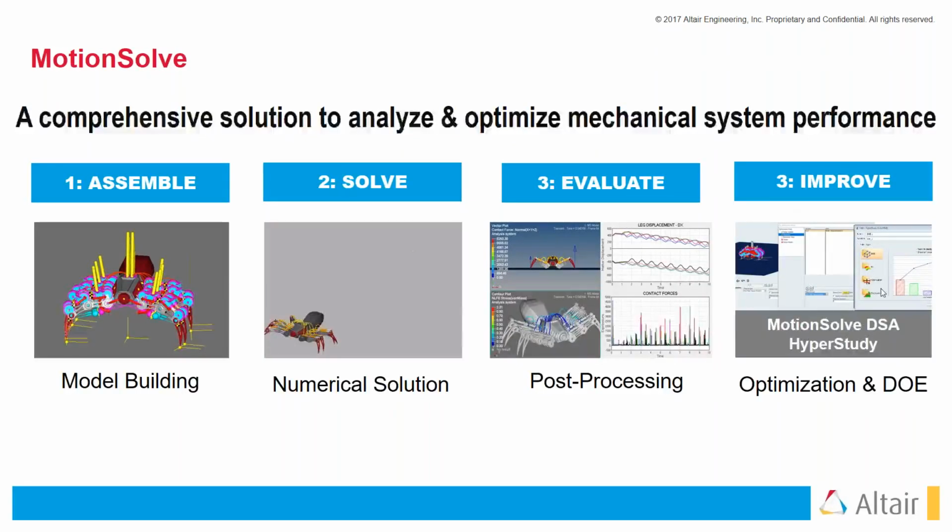And if we need to optimize the results further, we can go to the next level and improve the results using HyperStudy, which is for optimization. We will also have MotionSolve DSA optimization available very soon. So this is the overall flow of doing multibody simulation.